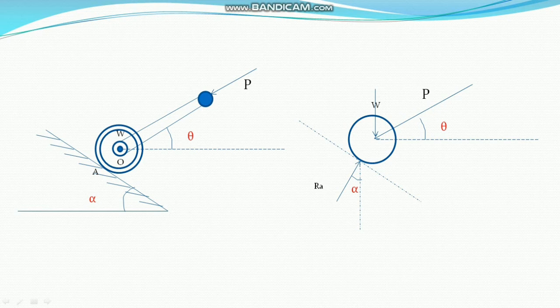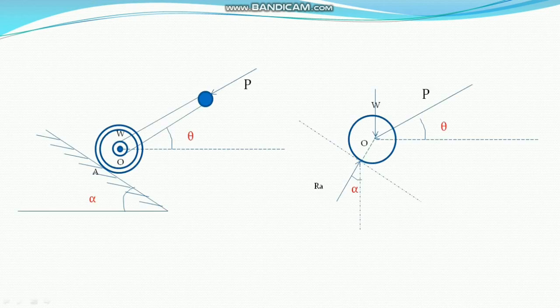Now the center point of the ruler is O. If you join O and point A, these are just imaginary lines. Then the free body diagram is done.